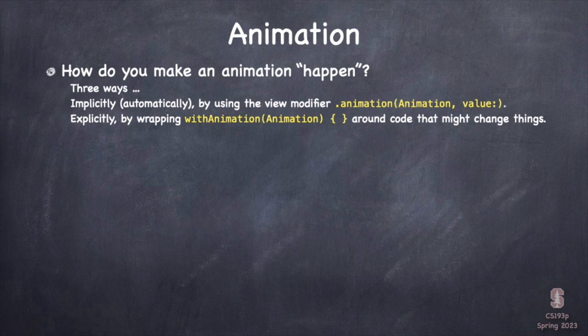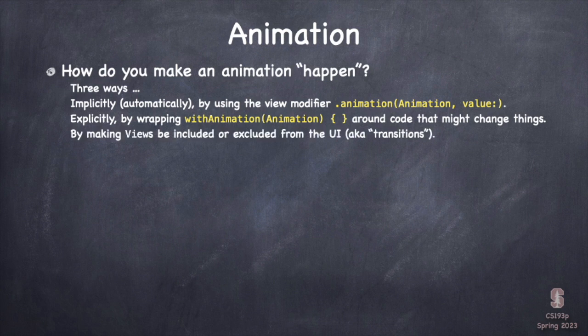And one of the first things I'm going to do in the demo is switch over from the implicit animation we were doing to explicit animation, which is how we would really do it. And then the last way that we cause animation to happen is by including and excluding views from the UI, because I told you that we can set what kind of animation happens if we remove a view from the UI. Does it fade out or whatever? So that's something we can do, you removing them or adding them, that will cause animation to happen.